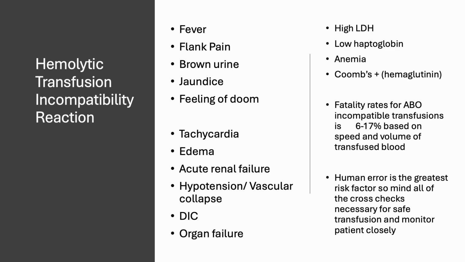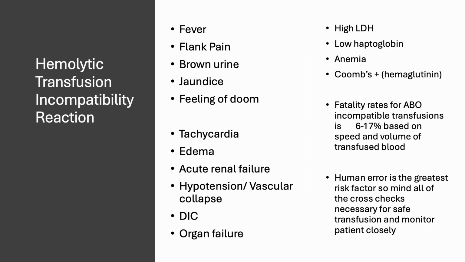The patient is jaundiced because there's hemolysis, and they get an overall feeling of doom. That may be because a lot of these people die. They have tachycardia, edema, they can wind up with acute renal failure, hypotension, vascular collapse, disseminated intravascular coagulation, and organ failure.